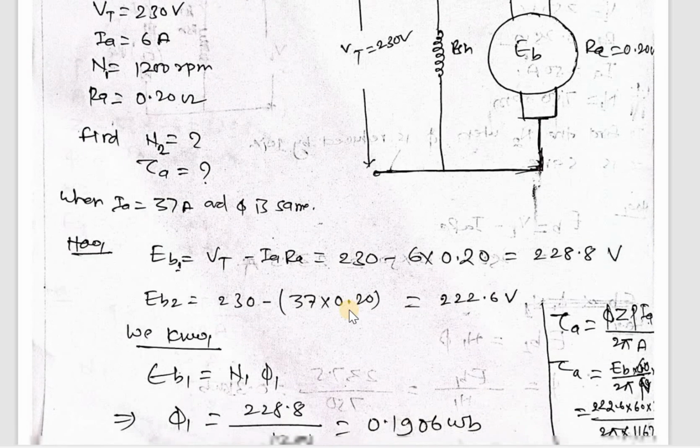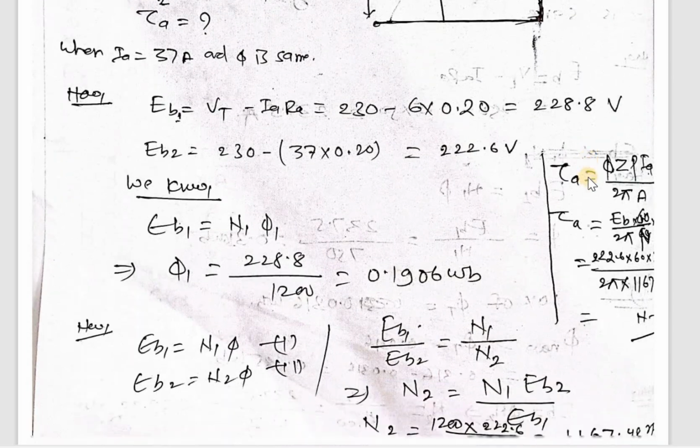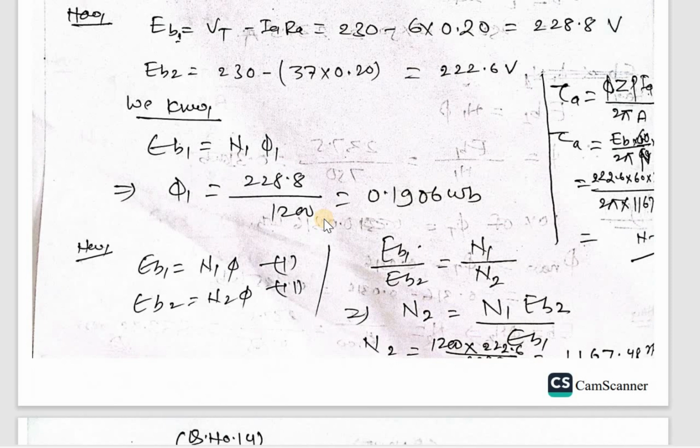So Eb equal to Vt minus Ia Ra, that is 230 minus 6 into 0.20, that is 228.8 volt, and Eb2 equal to 230 minus 37 into 0.20, so Eb2 equal to 222.6 volt.